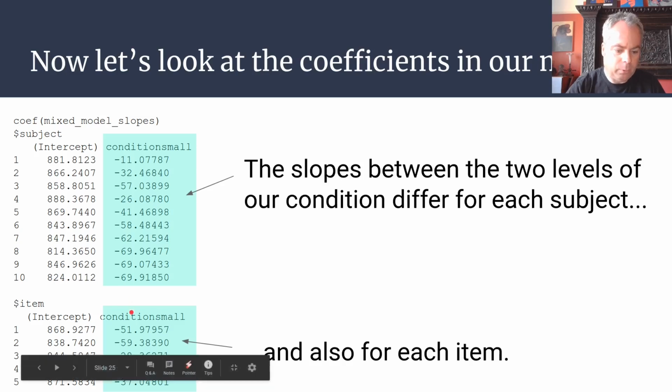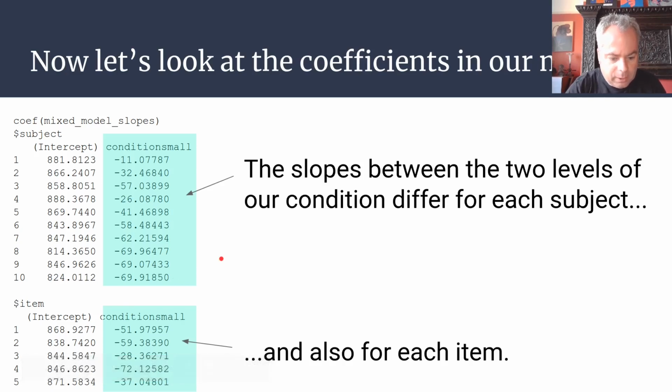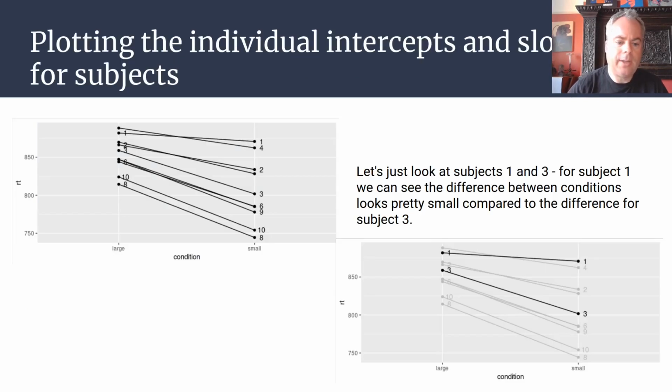And if we look at the items as well, we can see that the items range from 28 milliseconds for item 3, difference between the two versions of the item, and 72 milliseconds for item 4. So we're modelling now a lot more information that's provided by our data set to gain a better understanding of what influence our experimental manipulation has had on our reaction time measure.